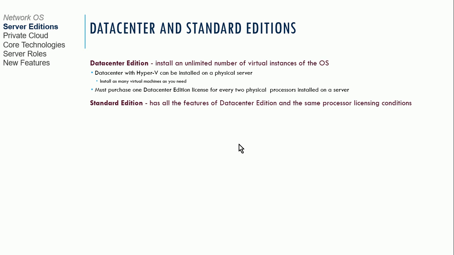Now, Standard Edition has all the features of Data Center Edition and the same processor licensing conditions, but it permits only 2 virtual instances. So you can only install 2 virtual instances rather than unlimited instances. So it really wouldn't make sense to put Standard Edition on a super powerful server and pay for all of those processor cores because you can only really run 2 instances of it.